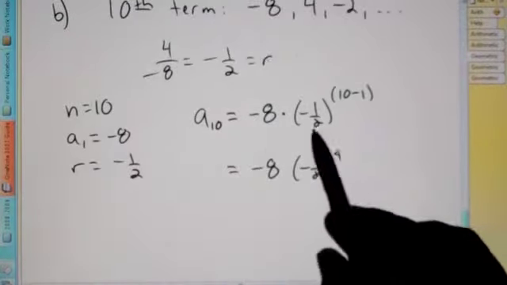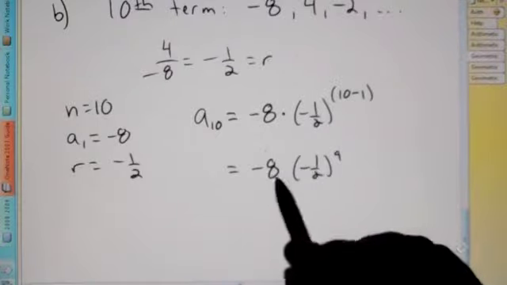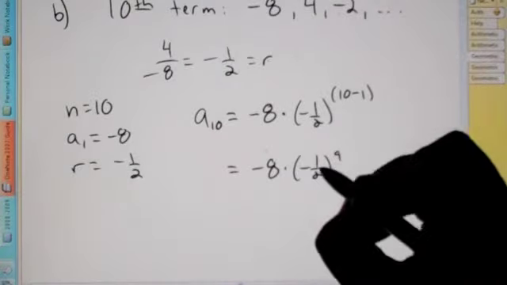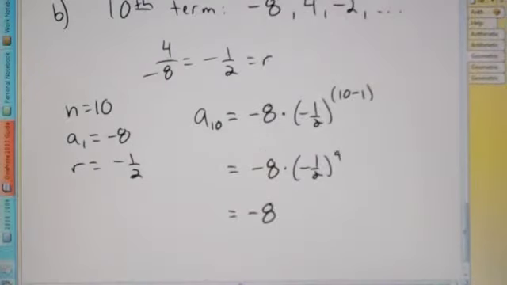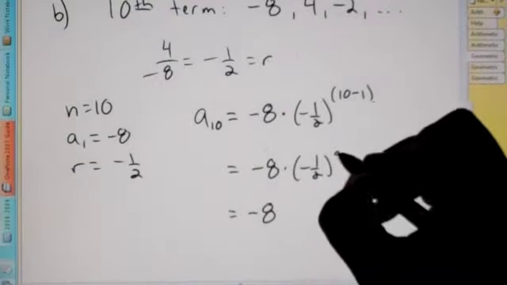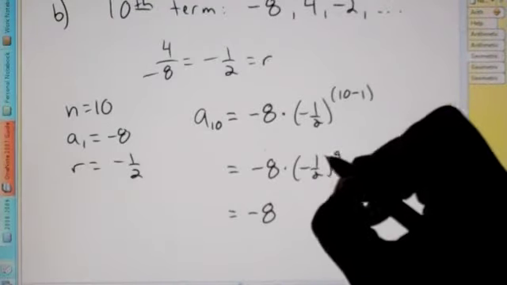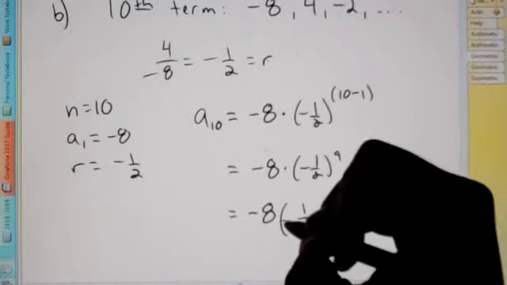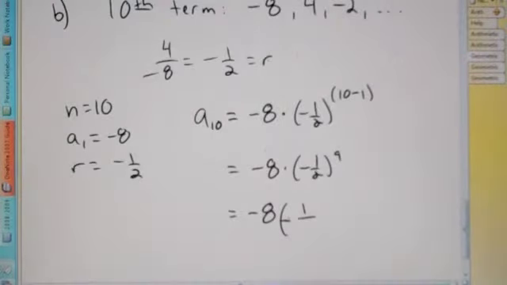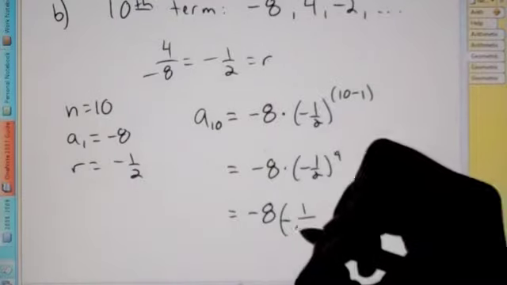And again, the big mistake that people do a lot is they multiply these two first. But remember, you have to apply the exponent first. So here we have -8. Negative to the 9th power is still negative because it's odd. And 1 to the 9th power is just 1. 2 to the 9th power, on the other hand, is 512.